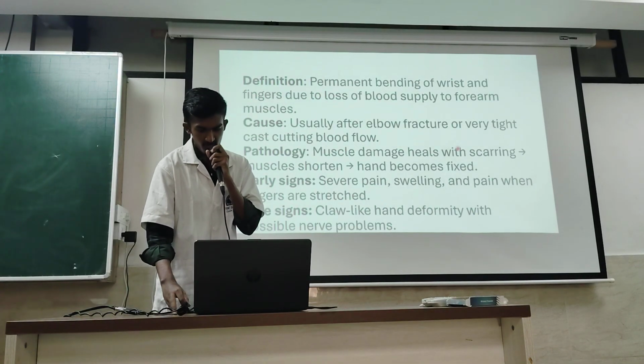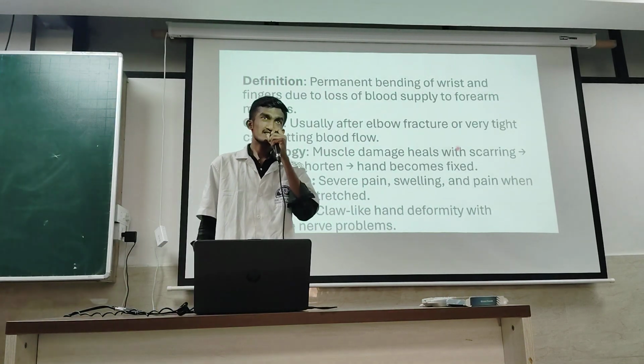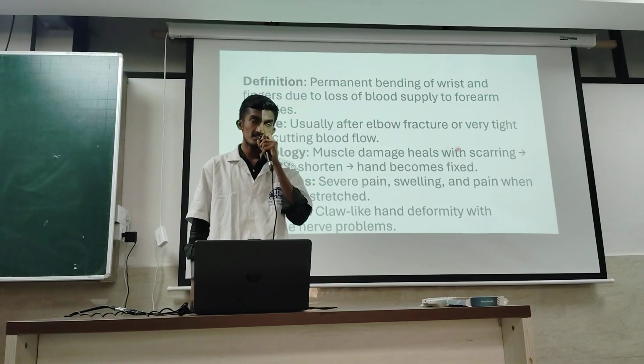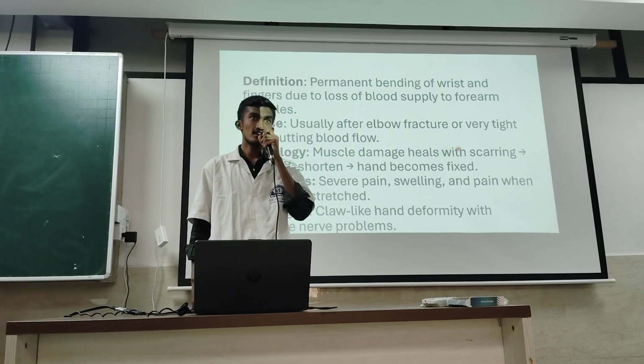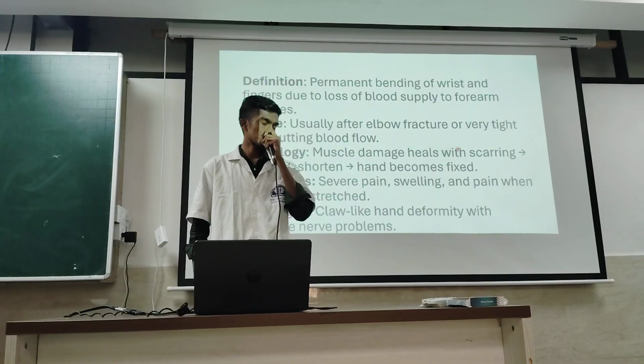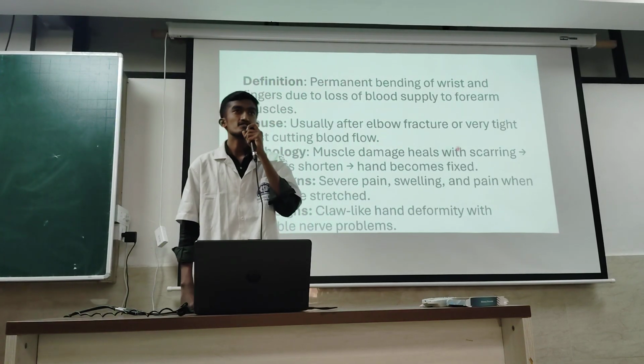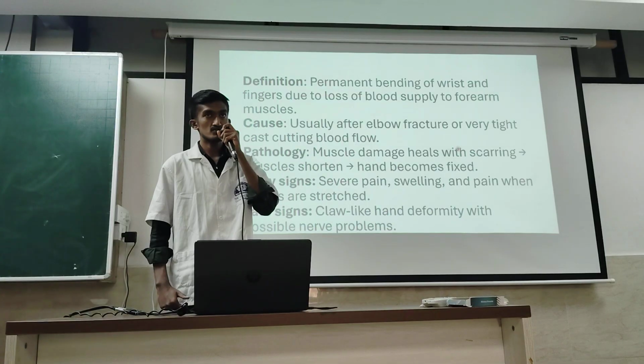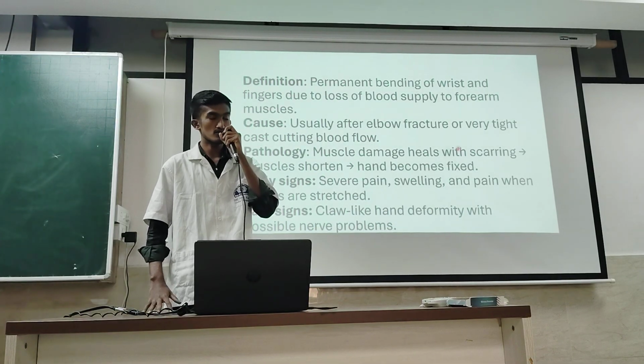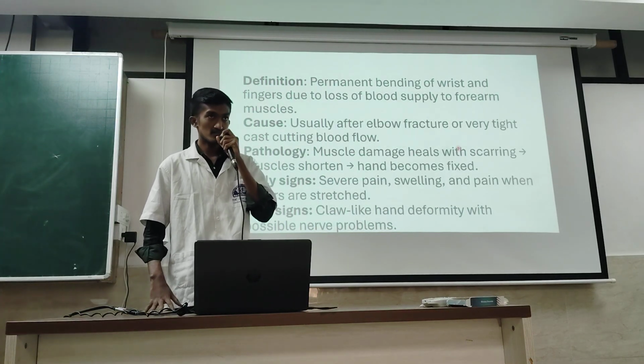Coming to Volkmann's ischemic contracture. Volkmann's ischemic contracture is a permanent flexion deformity in the wrist and fingers, which is caused by loss of blood flow to the forearm.